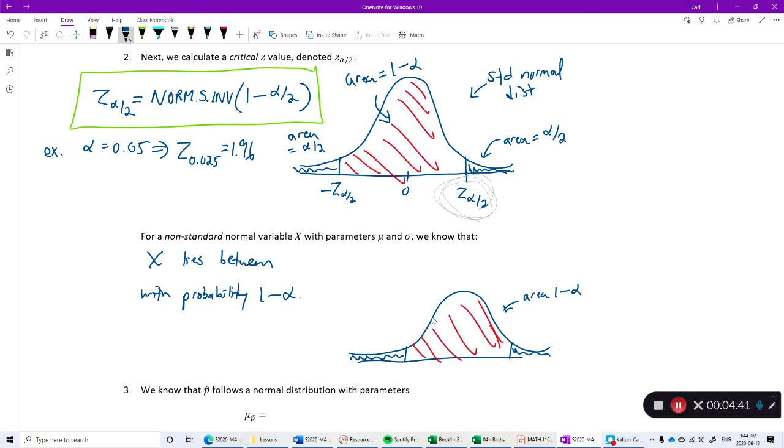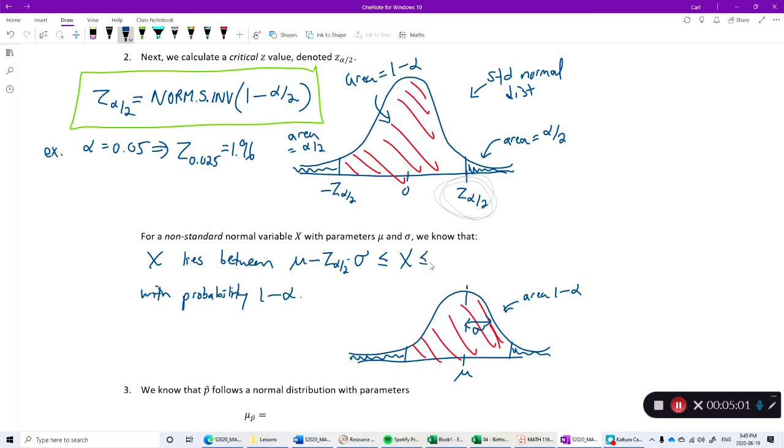Sorry, let me say this a little more clearly. The mean is in the middle. Sigma is the distance here. And so if I go mu minus that many sigmas below, that's the left side.